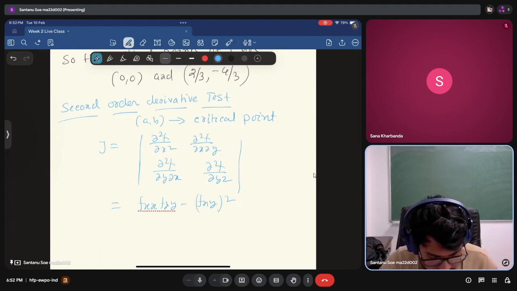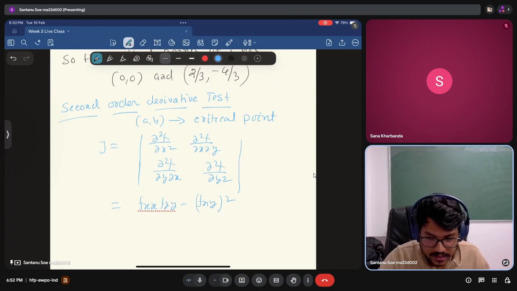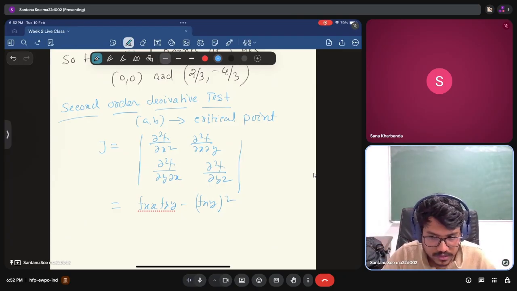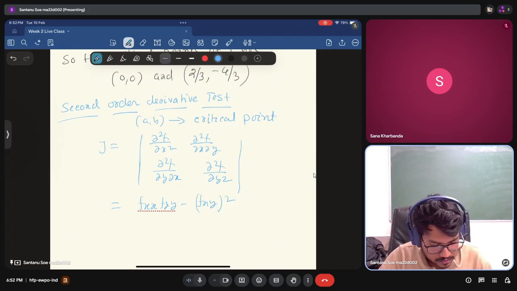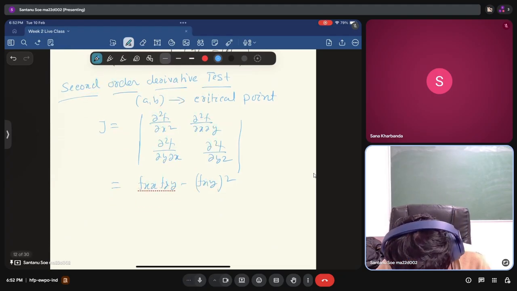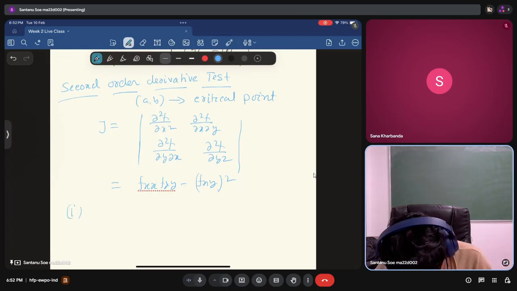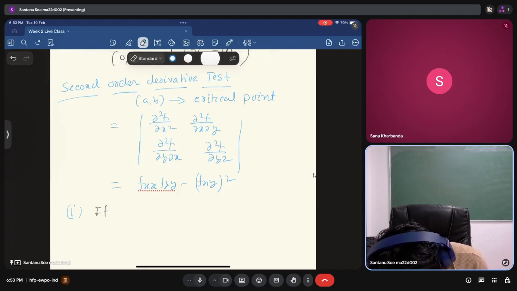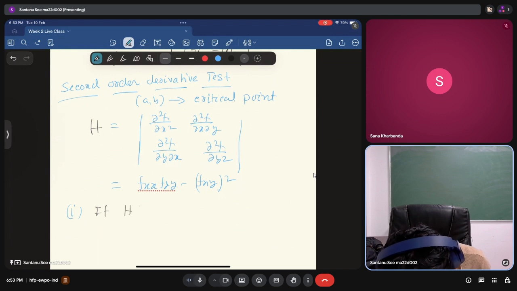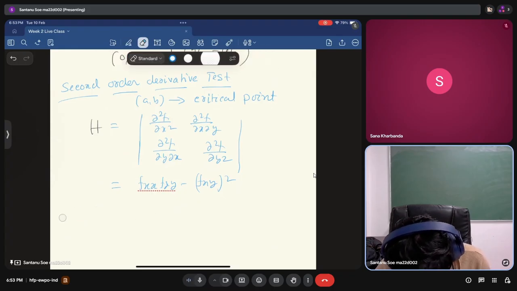Now if we assume that the partial derivatives are continuous and the second order mixed partial derivatives all exist, then we can say that they are all equal. That is fxy is same as fyx. So from here, let us call it as h. So if h is greater than 0, we have to evaluate at the point (a, b).